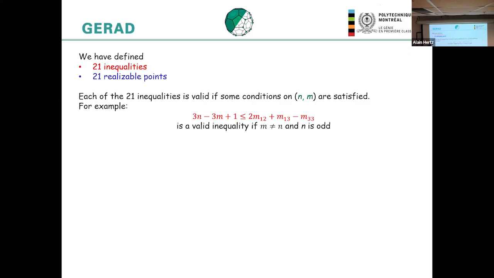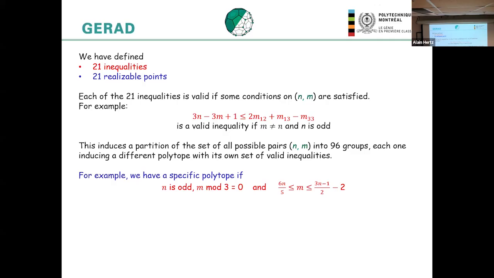So we have 21 inequalities with conditions. And so every inequality has its condition. So this is only possible if n is odd. This is only possible if m modulo 3 is equal to 2.